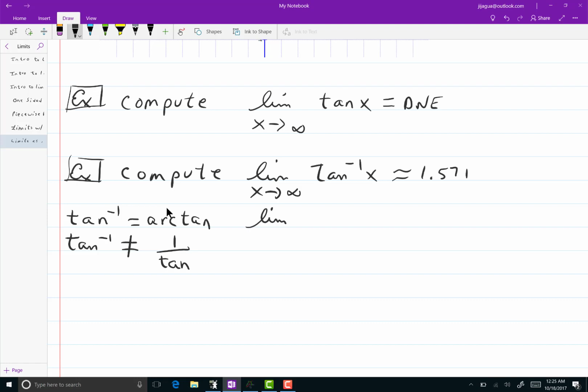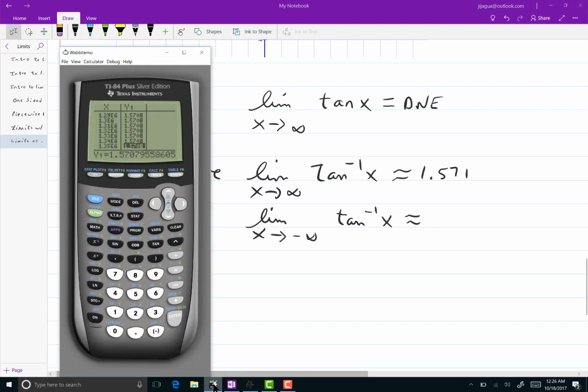Now you may remember that inverse tan is an odd function. That means whatever it does in the first quadrant, its mirror image is in the third quadrant. So let me go back to my table set. Now I want to deal with the negative values, so I want x to be going to -infinity.